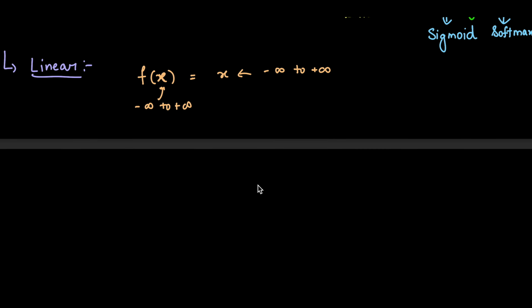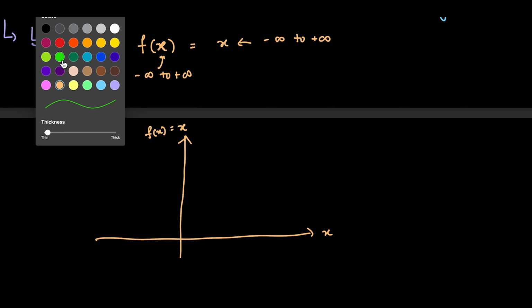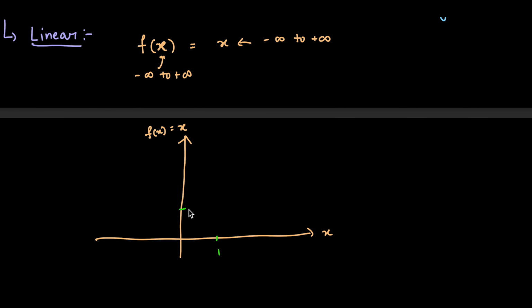If you see the linear curve visually, on the x-axis we'll have x, and on the y-axis we'll also have x, because the linear function outputs the same value. For input 1, we'll get output 1, so that will be over here.